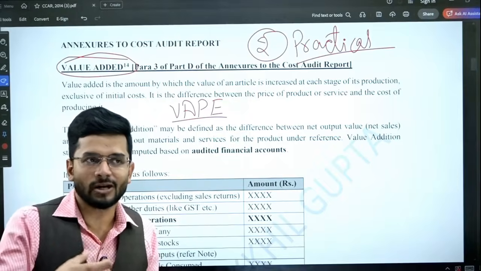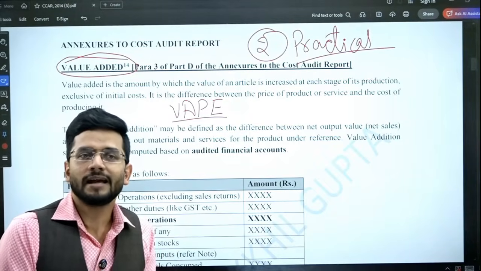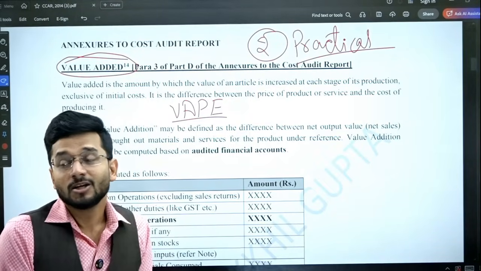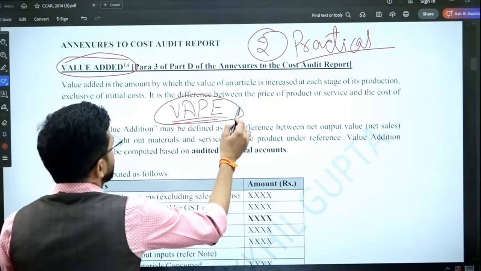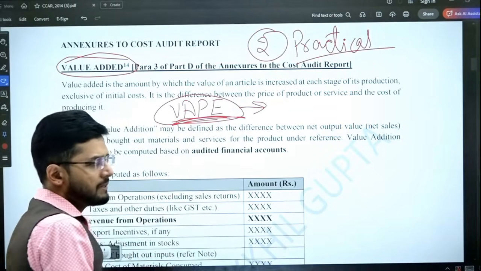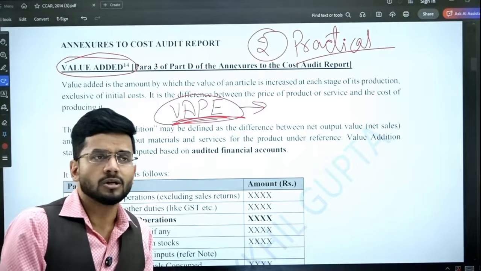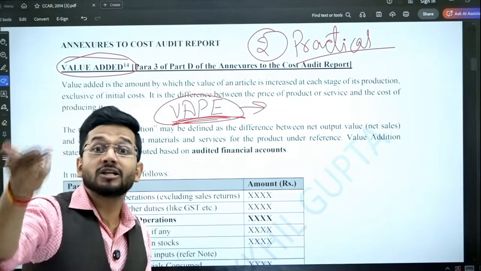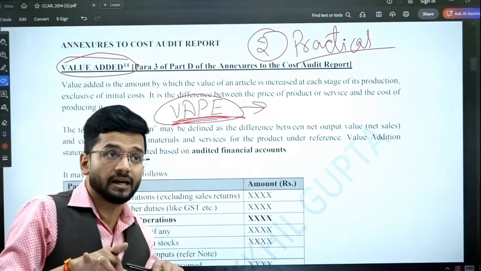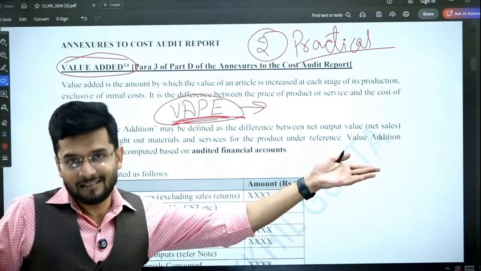They will try to retain the earnings. So to end this rift, there is a concept of VAPE which is introduced in industry, and many industries use this concept. VAPE, value added per employee. What is the contribution each employee is giving to the company? Then they will compare VAPE with the salary.